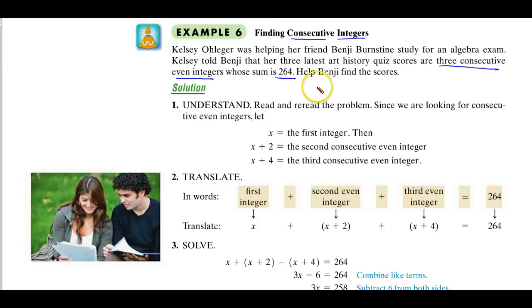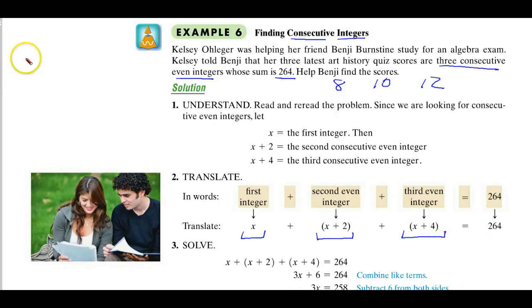So again, if they were even, it would be like 8, 10, 12. So we're going to say the first integer is x. The next even integer was x plus 2. And the next even integer, x plus 4. So they have it set up nicely here. There's our first integer, our second integer, our third even integer adds up to this.